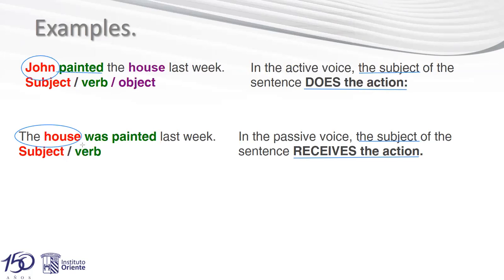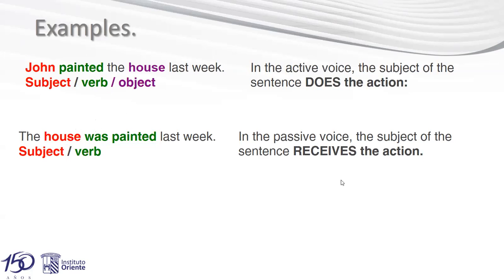And was painted because, remember, you have to identify present or past. In this case, it's past. If you have past, you need was or were. Okay? Now, was because it's past and painted because it's the past participle. Okay, guys? Yes? Okay. So, the next one.